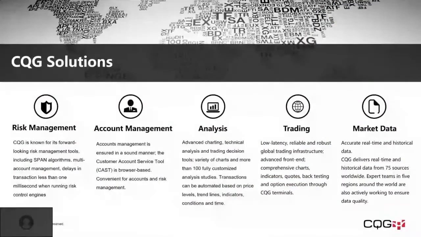What we offer is a tool that allows FCMs to manage their risk and create their accounts in our platform, but also to have the traders run analysis and trading using our market data for the several exchanges.